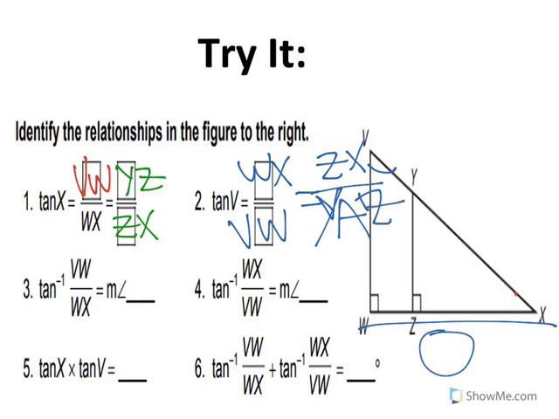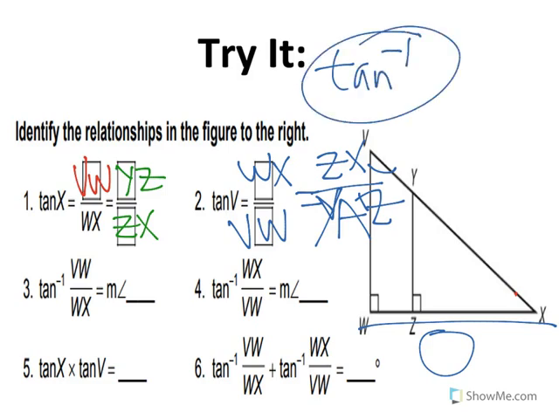Okay, for number 3, this is something new that we haven't introduced yet. When you see this, this is called the tangent inverse, where we're looking for the angle. So this is tangent of angle x. Here we're looking for the angle of the tangent. All right, let me erase this part.